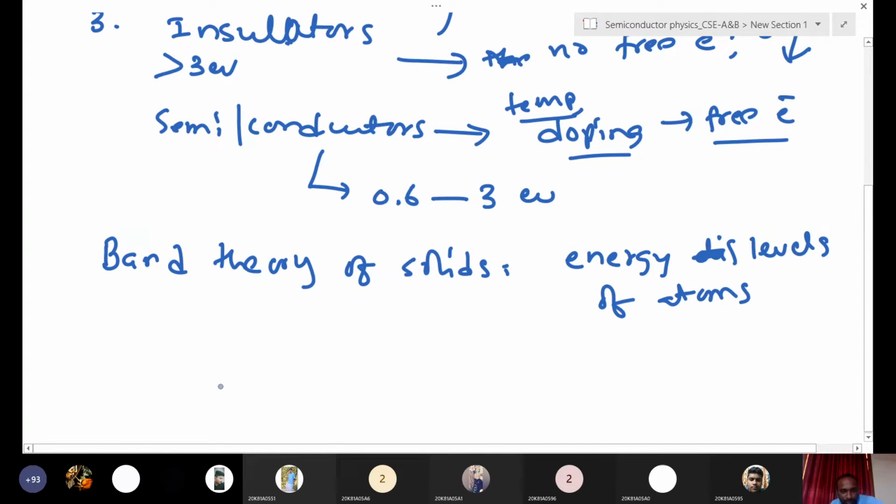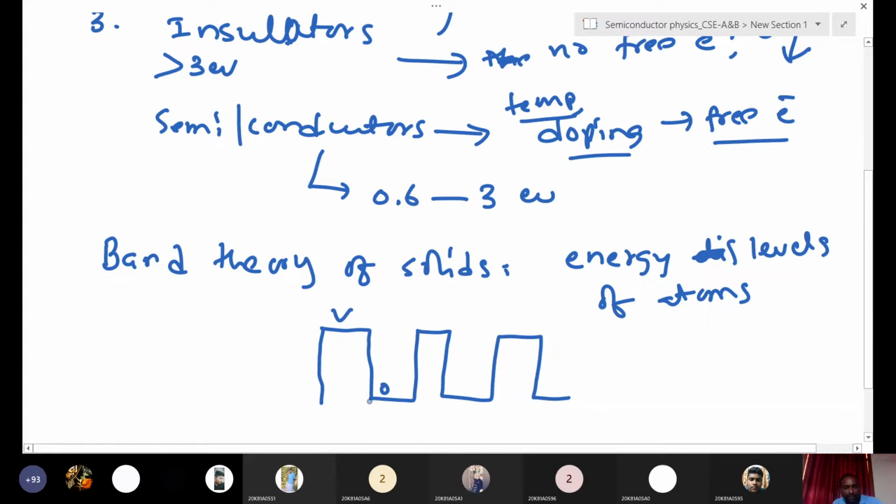Yesterday we solved the particle in a one dimensional box. Here also they have taken a periodic potential: here zero potential, here potential V, again here 0, again here V, like that.